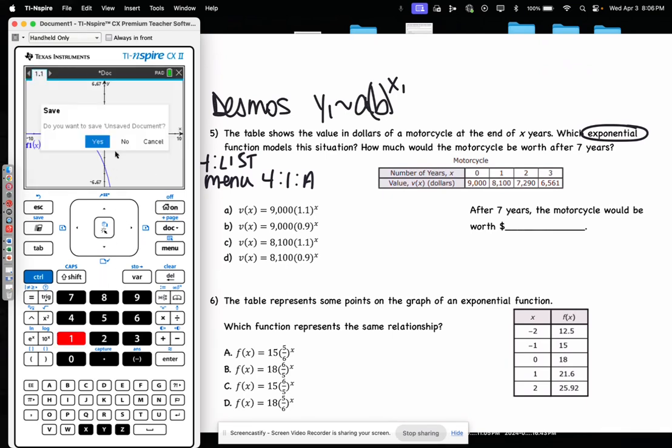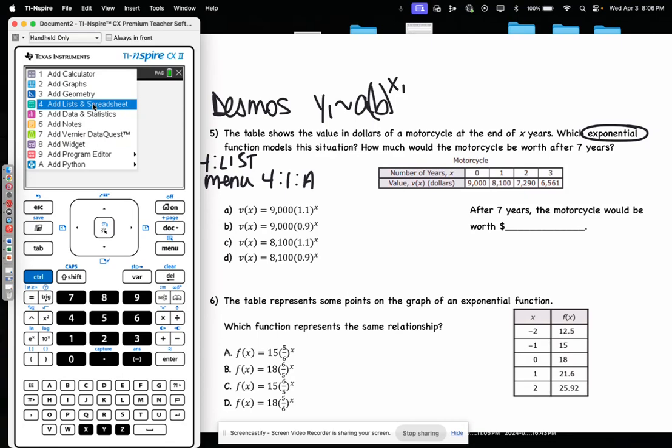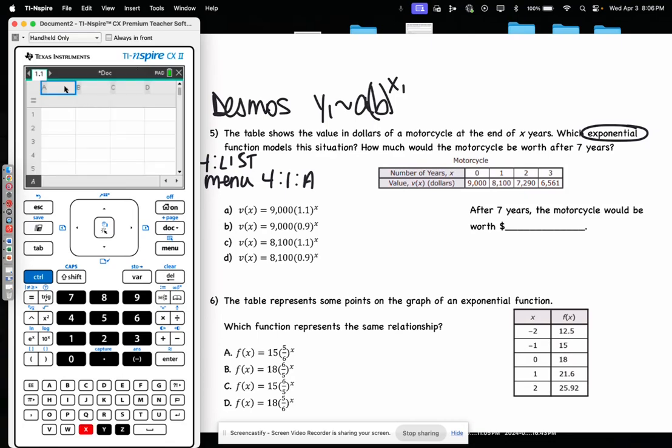Please make sure if you're using the yellow calculator that you remember to put x and y, but also make sure you start a new document so that you don't have any numbers from before that might interfere. So remember, on a horizontal table, the x is on the top and the y is on the bottom.